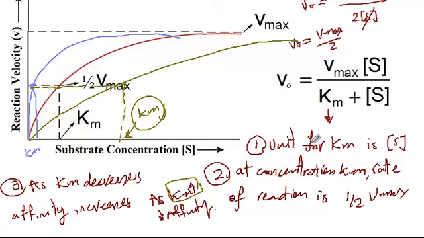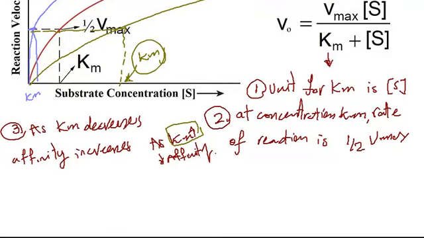Number one, the unit for Km is substrate concentration. Number two, at concentration of Km, velocity of the reaction is half of the Vmax. And number three, Km indicates the affinity of the enzyme for the substrate. When Km is low, there is high affinity, and when Km is high, there is low affinity of the enzyme for the substrate.